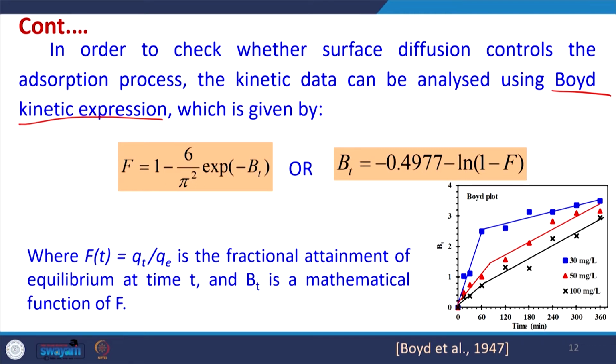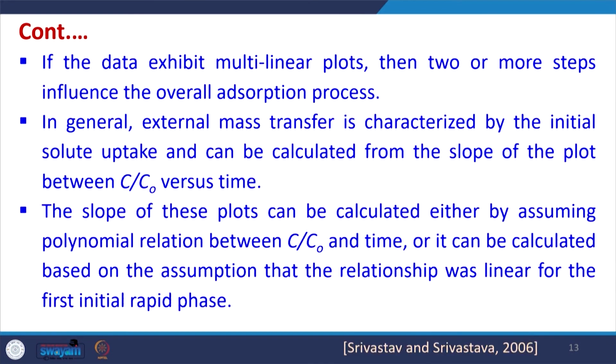Here f is the fractional attainment of equilibrium at time t, and Bt is a mathematical function which is given by this. We can always convert this, and we can use the kinetic data to determine this expression, and through this we can find out diffusivity values also.